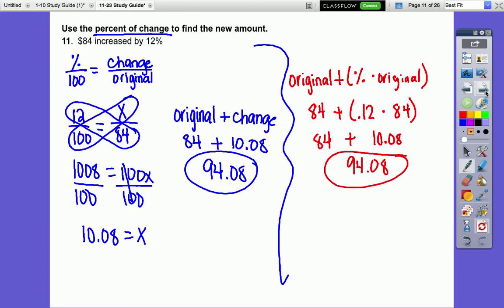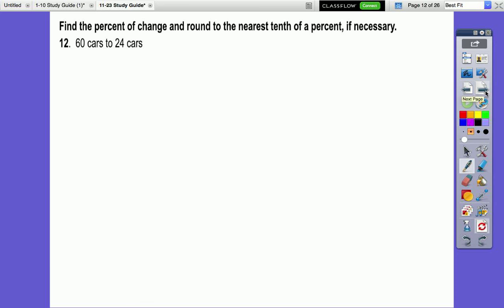On our next problem, number 12, it says 60 cars to 24. And this one also asks for us to use our percent of change. I like to rewrite my equation. And the more that you write it, the more that you will remember it. All right, so our percent, we don't know. So I'm going to put an X for the percent.